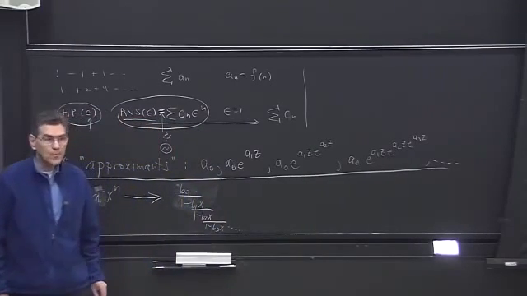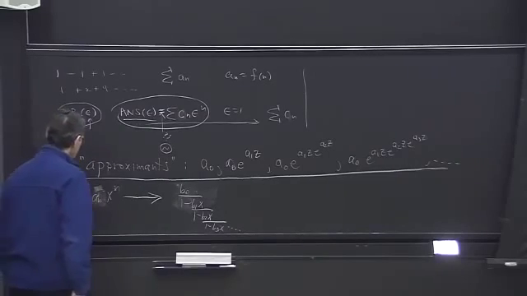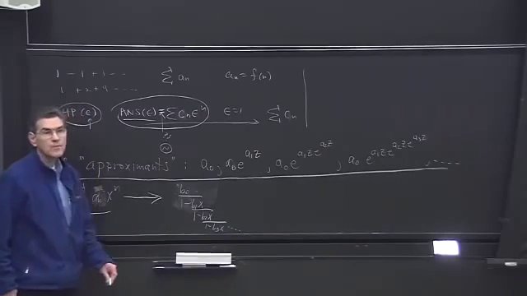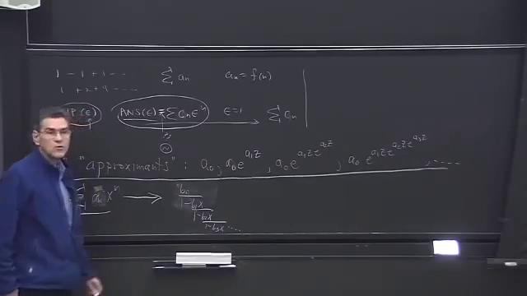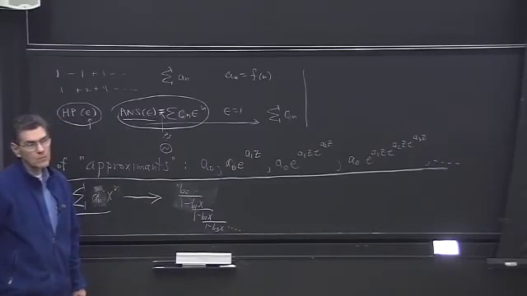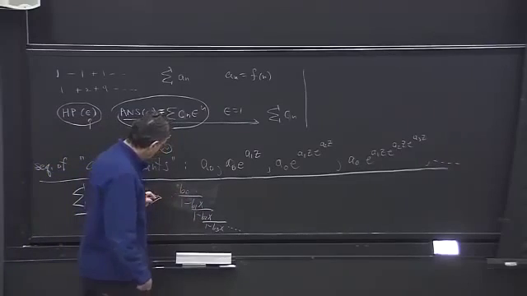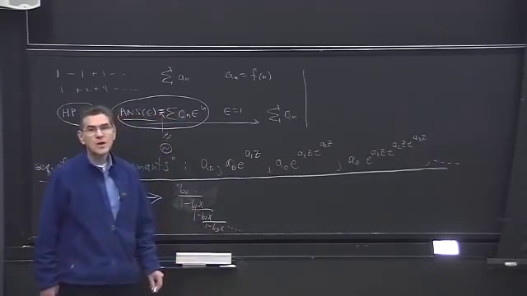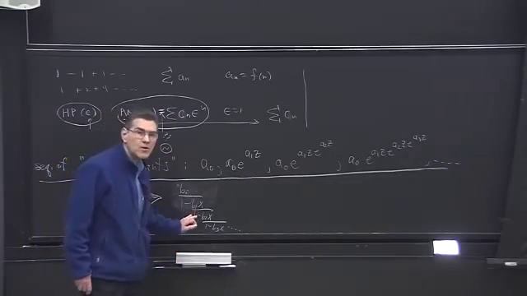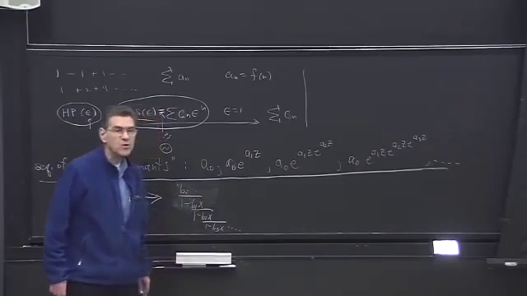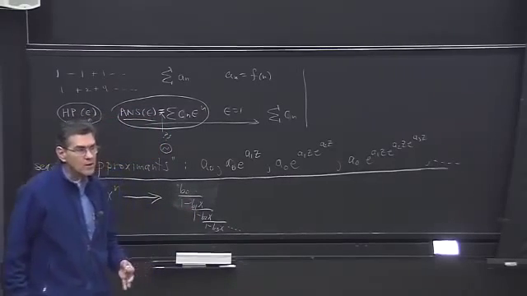Okay? So the idea is that you have this series, and this series typically diverges. If you convert it to a continued fraction, the sequence of approximants you get from the continued fraction might well converge.